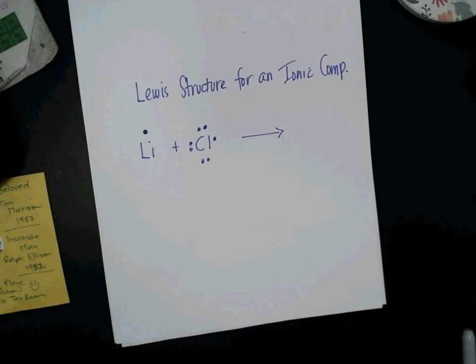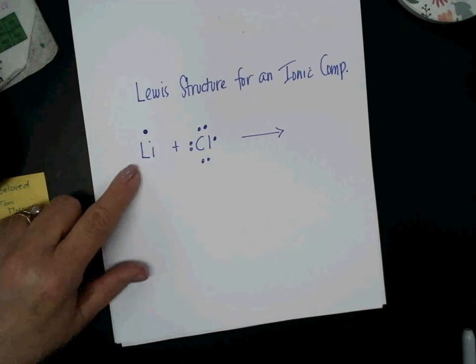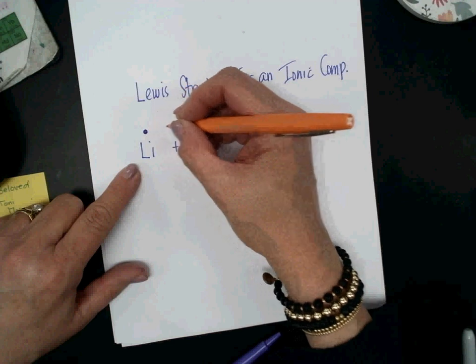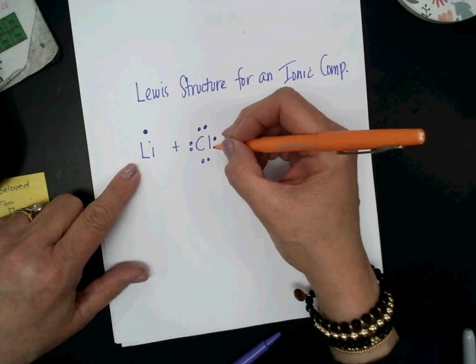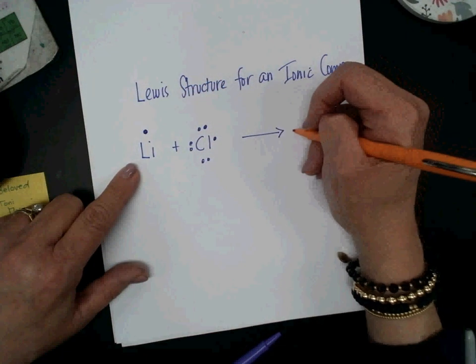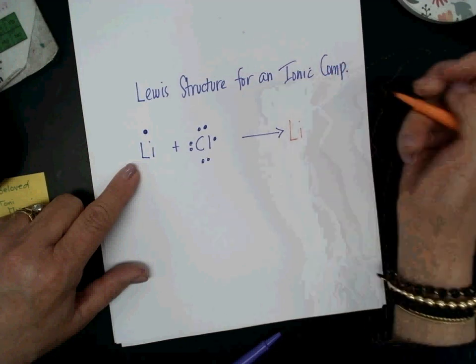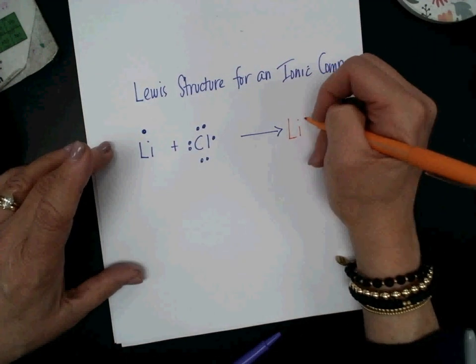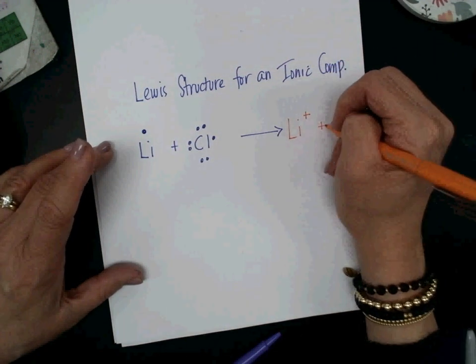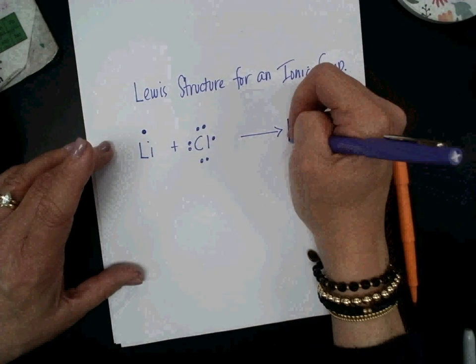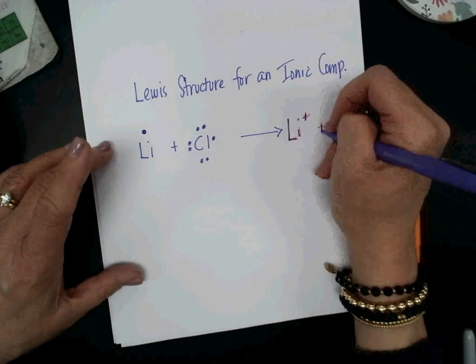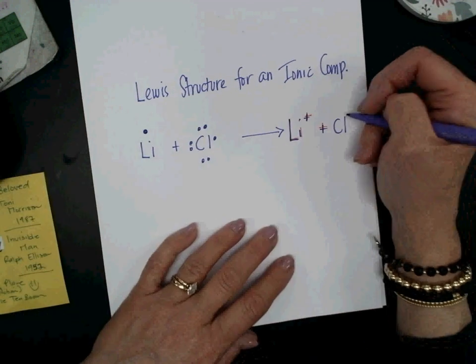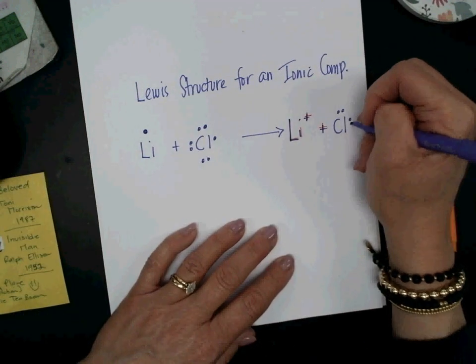And then this is an ionic compound, so I have a transfer of electrons. We know lithium becomes Li+, so it's going to give up an electron. It's going to transfer it to the chlorine. So when I write it on the other side of the equation, I write Li. It's given up its electron, so it's got a positive charge, plus chlorine, which got its electron.